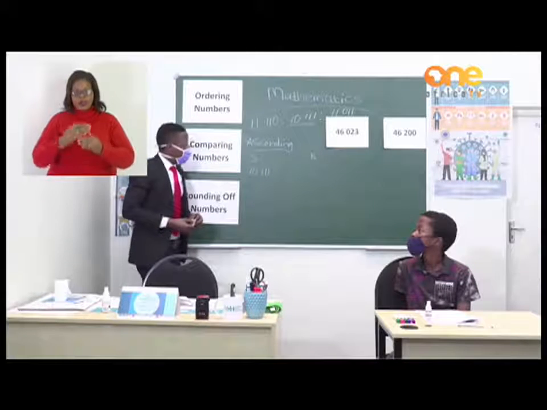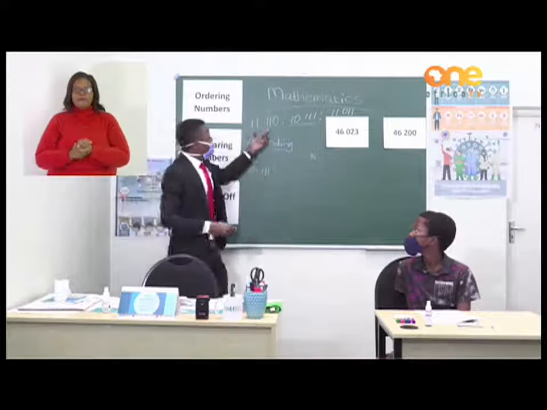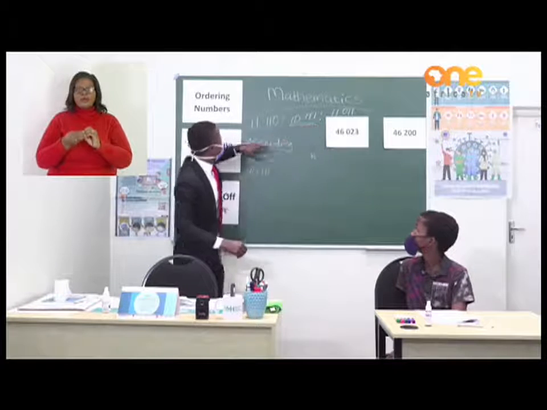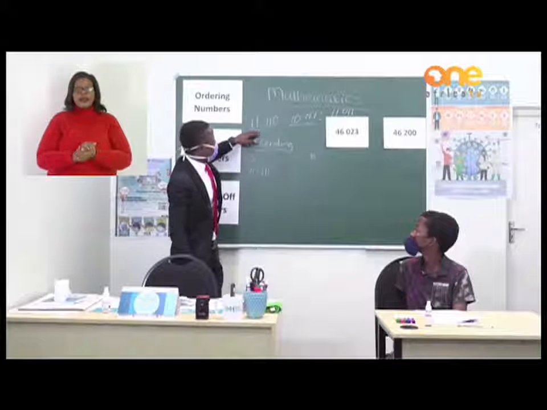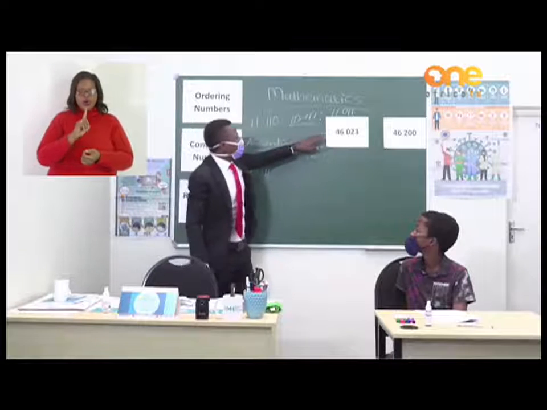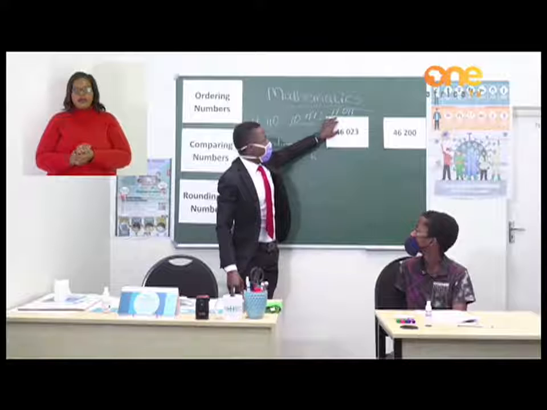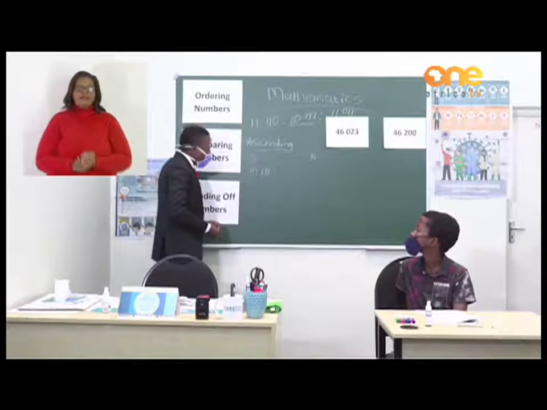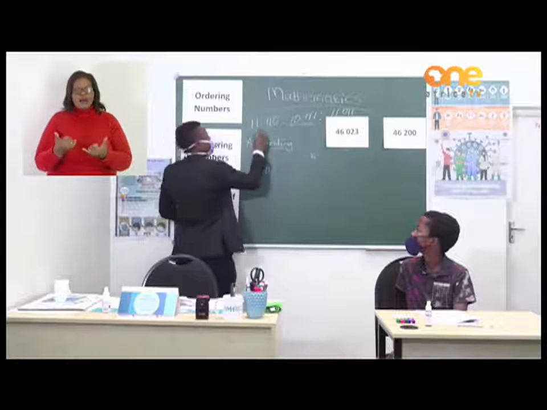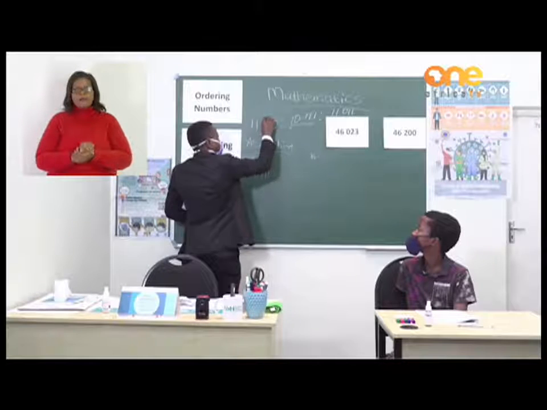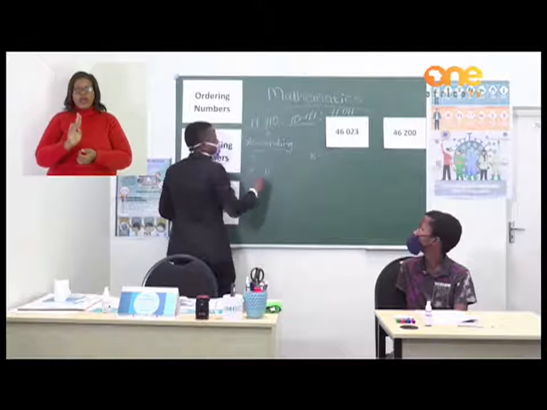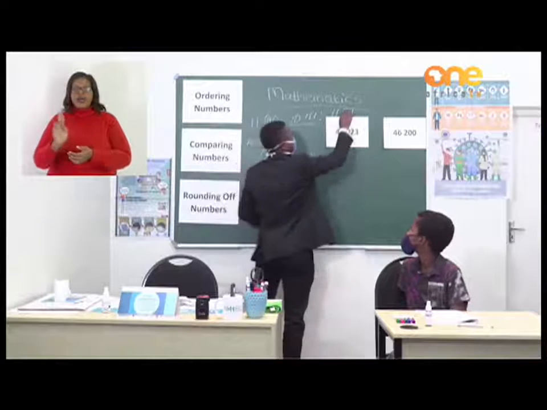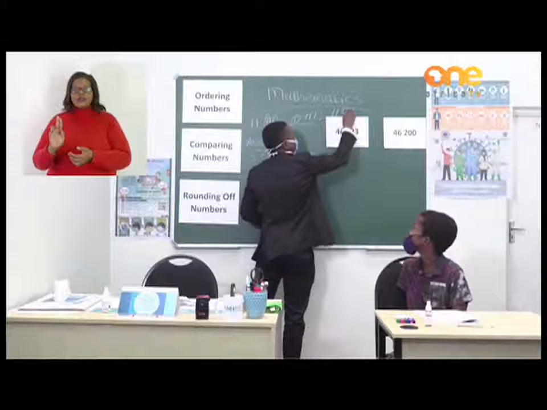The next one, we have 2 numbers. This one is gone. We have 2 numbers that we have to compare also. We have 11,110. We have 11,011. So in that way, there is 100 here, which is a 1, and at the place of 100 here, there is a 0.